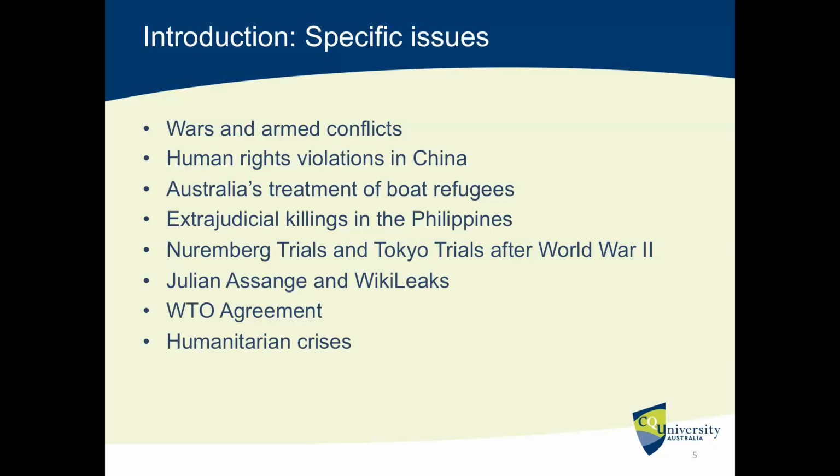And what about the complaint of some people that Australia may actually be violating certain norms of international law in the way that it treats boat refugees? And in these instances, for example, a lot of these boat refugees have remained in detention.